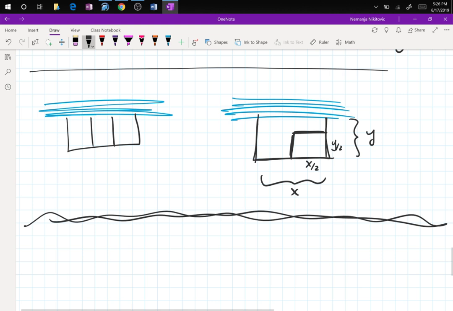Let's see what else we can do with this stuff. Minimum surface area of a box, maximum volume of the box. Shipping crates. One of the lucrative majors now is packaging engineering.